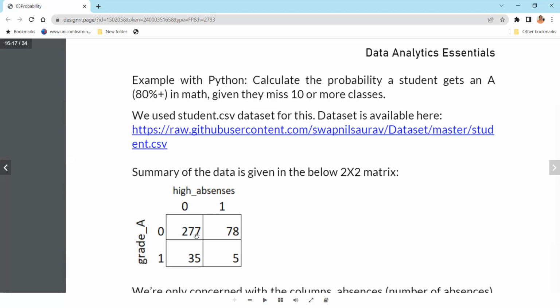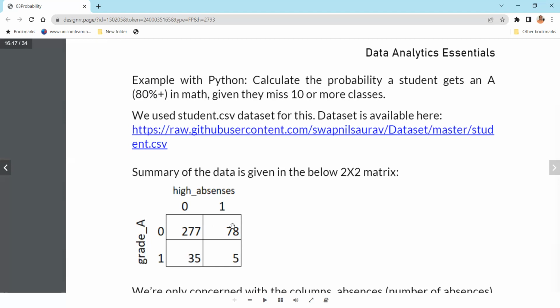When I say high absence is 1 and grade A is 0, what does that mean? Okay, set theory is based on this. Tell me, what does this mean? High absence is 1 and grade A 0. I told you what 0, 0 means.